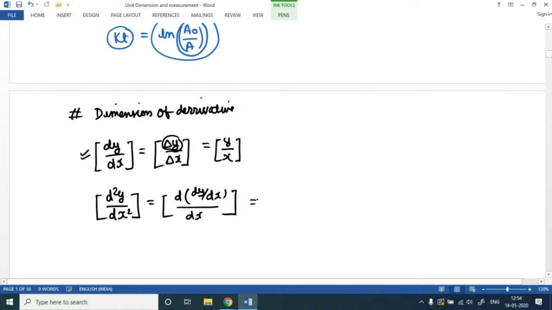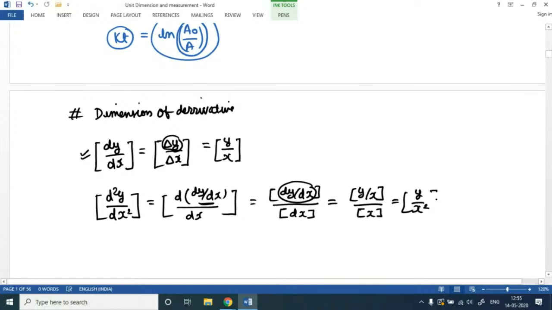The numerator is a change in dy by dx, so it would have the same dimension as dy by dx, and the denominator would have the same dimension as dx. We have already said that the dimension of dy by dx would be the same as y by x, and the dimension of dx is definitely going to be x. So this would be y upon x square, and that would be its dimension.